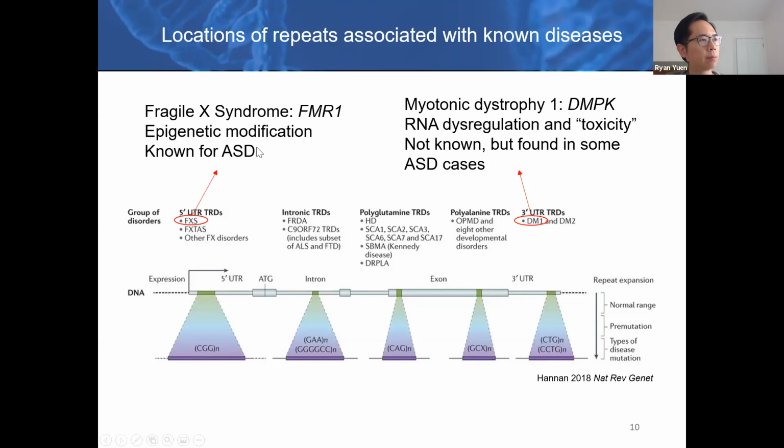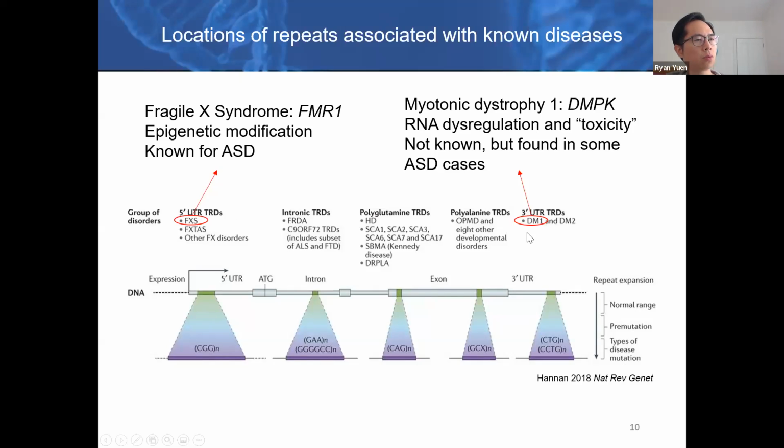The mechanism of regulation of the FMR1 gene with the tandem repeat expansion is quite well known. It is because of the full mutation, which is more than 200 units of the CGG repeats at the 5' UTR region, causing a silencing of the gene with epigenetic modification.